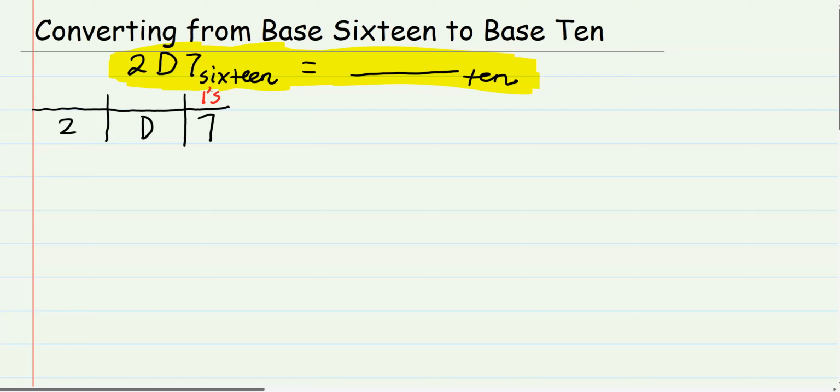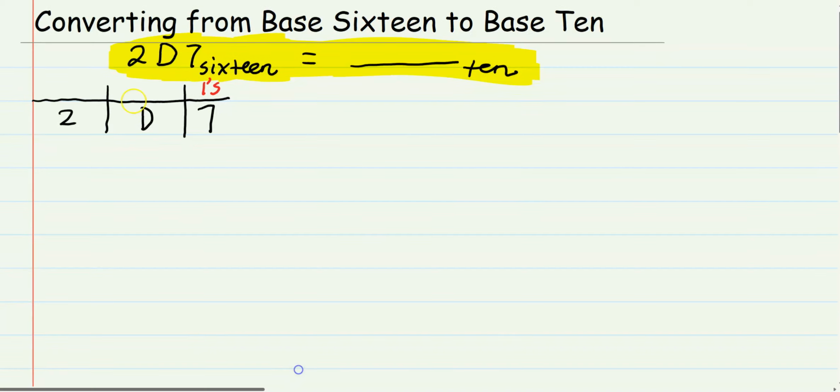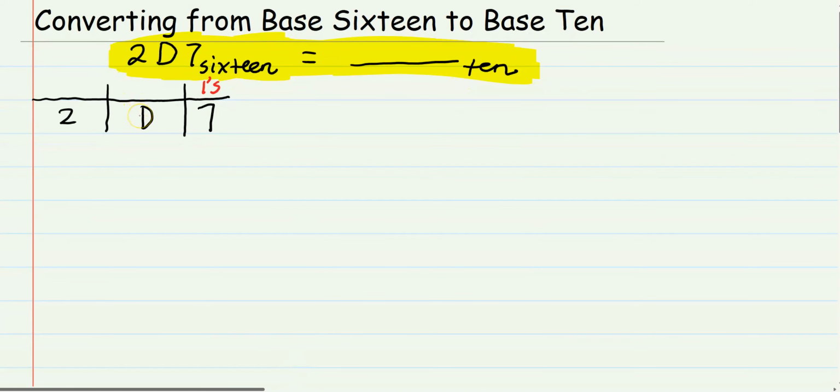In the second place, because we are in base 16, the second place is worth 16. I'm going to use base 10 notation to write up there so that we can understand that a little bit easier. That is worth 16 little tiny dots, meaning 16 ones will make one of those second place values.